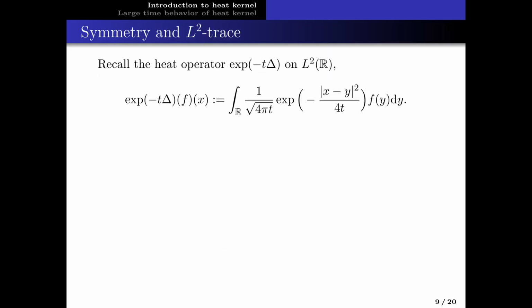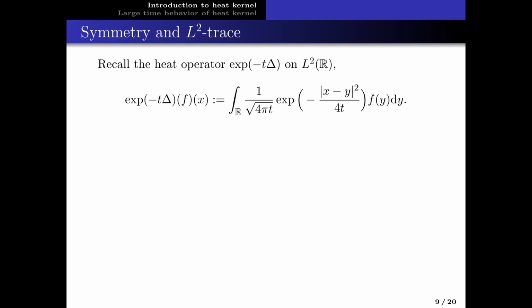Now let's move to the real line. This is the heat operator, the heat kernel. One observation here is, unfortunately, this operator is not a trace class operator, so we cannot compute the usual Hilbert-Schmidt trace.